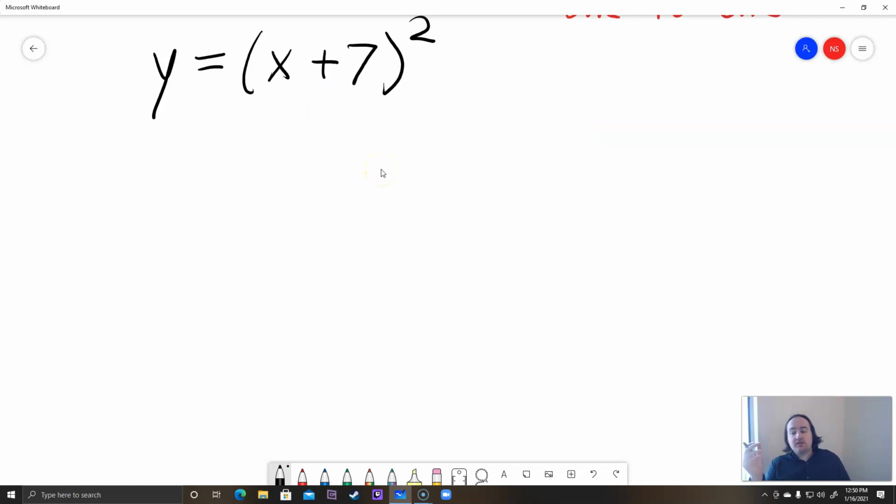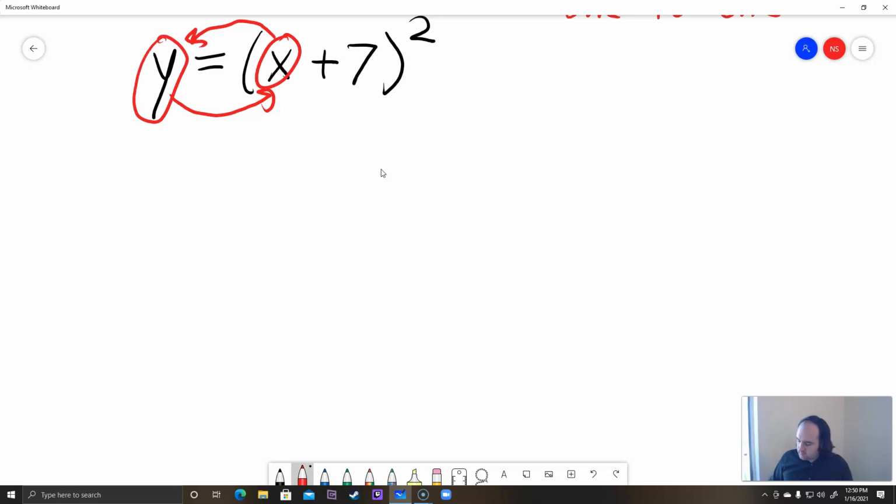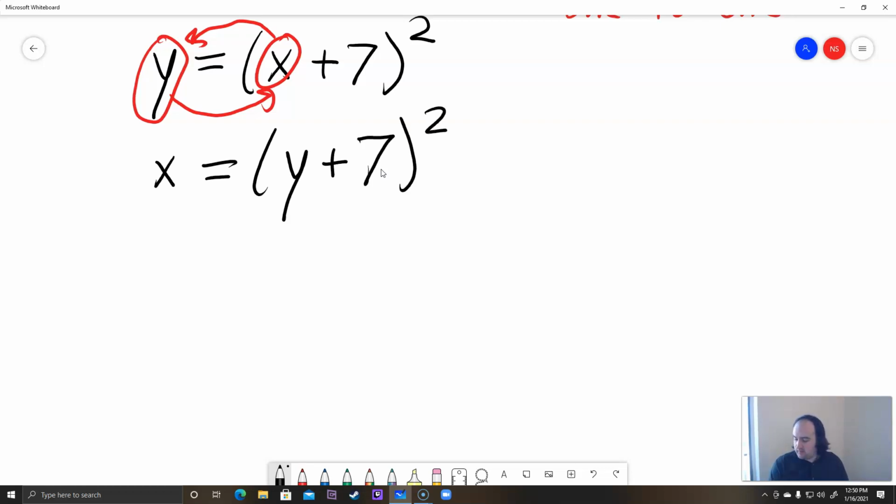And we're only switching the letters, we're not moving anything else. So we just switch the letters x and y. Okay, so we get x equals (y + 7) squared.